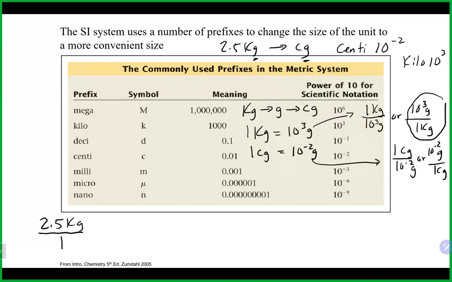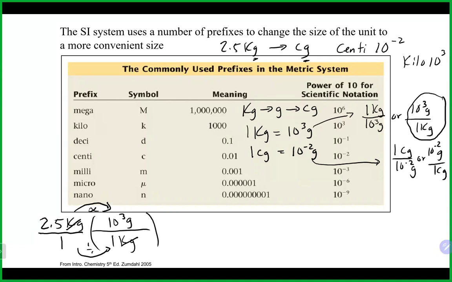That tells us to use the conversion factor on the right, which puts on the bottom 1 kilogram is 10 to the 3 grams. Because I'm going to multiply what's on the top and divide by what's on the bottom, kilograms divided by kilograms equals 1, and the units cancel out.